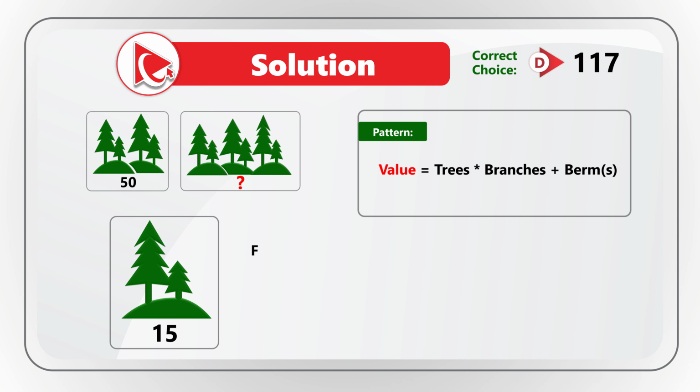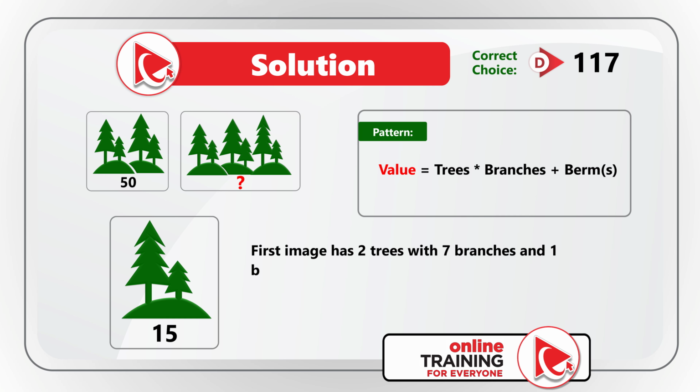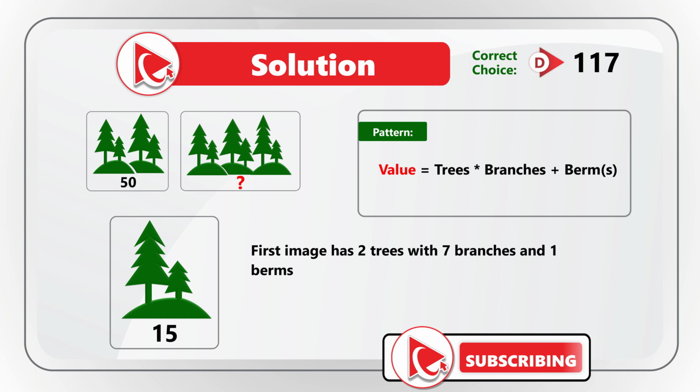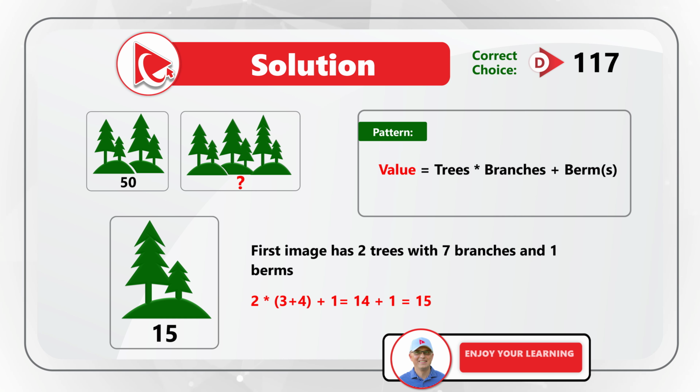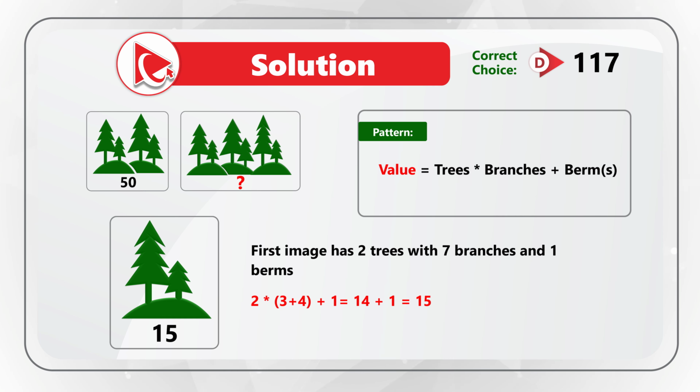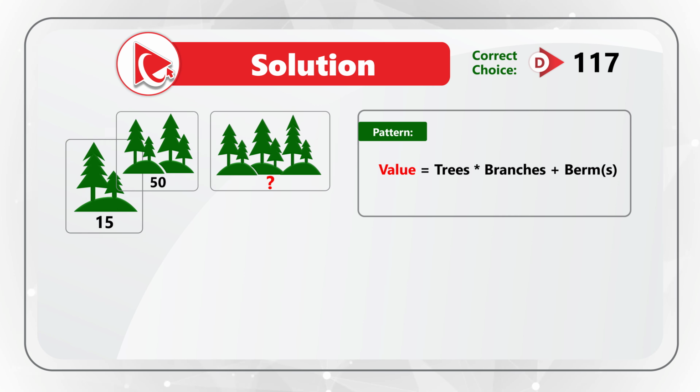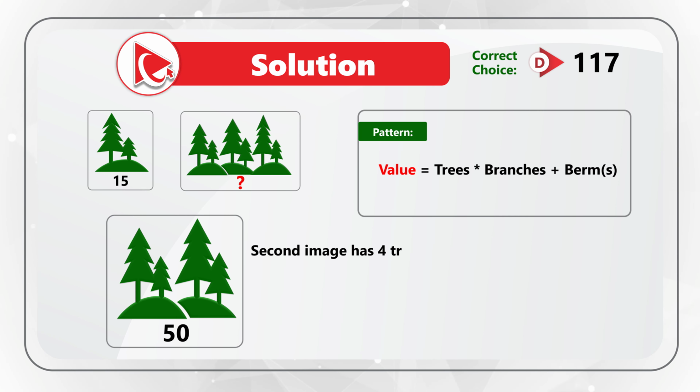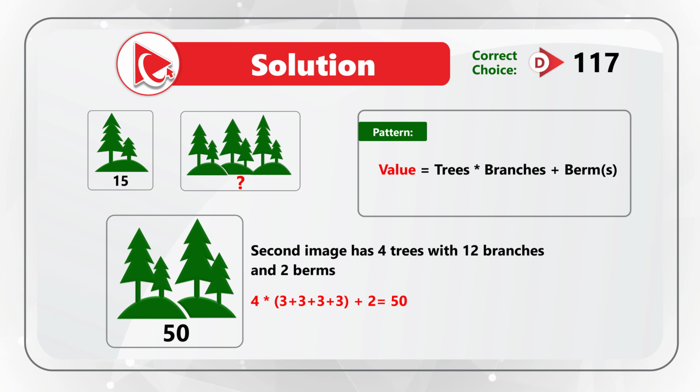Let's look closely at each one of the images. The first image has 2 trees with 7 branches and 1 berm, and the calculation would be 2 multiplied by (3 plus 4), plus 1, which is equivalent to 14 plus 1 equals 15. The second image has 4 trees with 12 branches and 2 berms, and the calculation will be 4 multiplied by (3 plus 3 plus 3 plus 2), and then you add 2 to the calculated value.